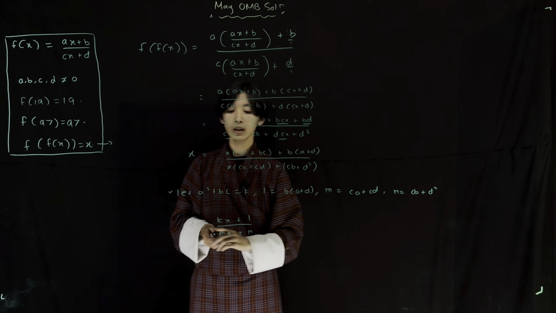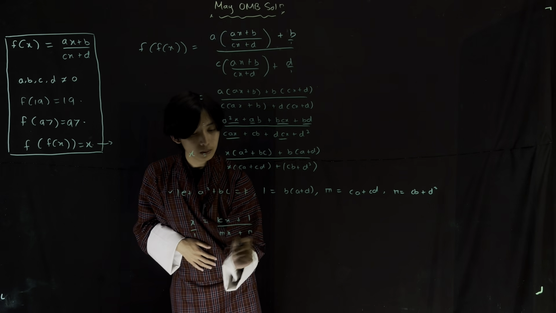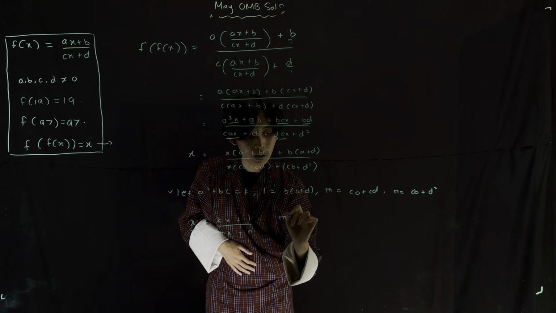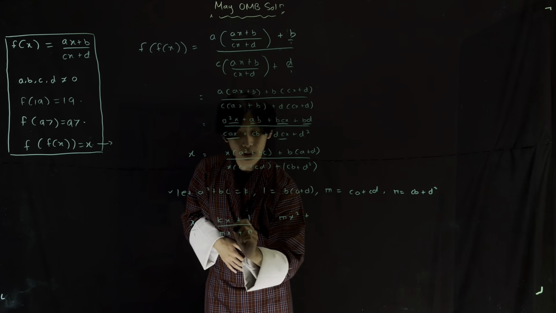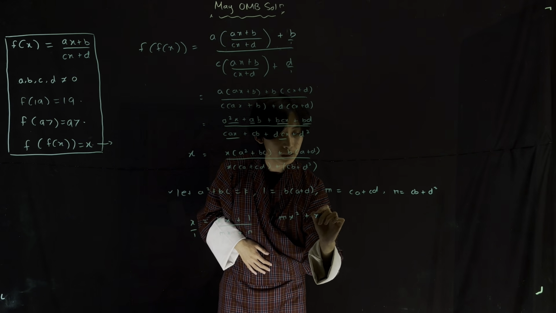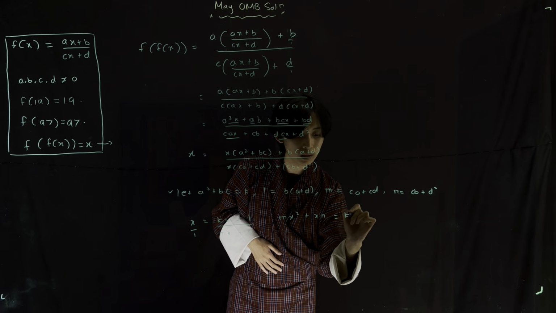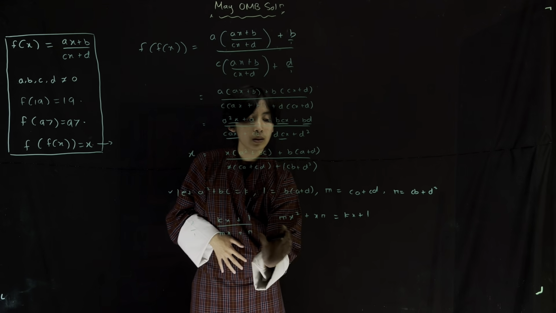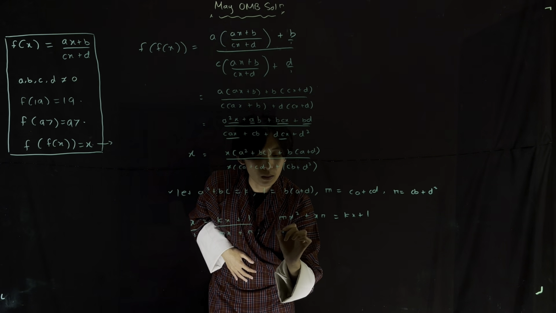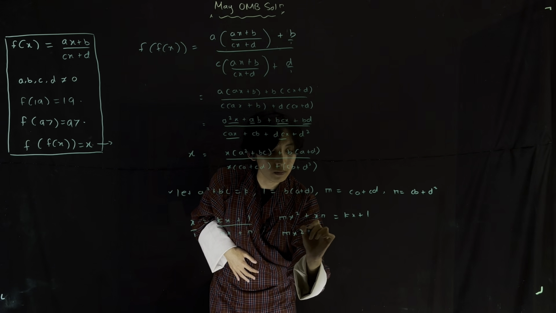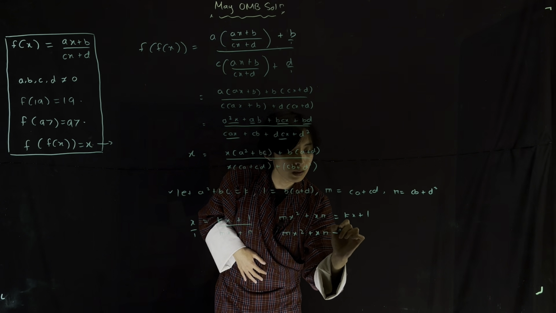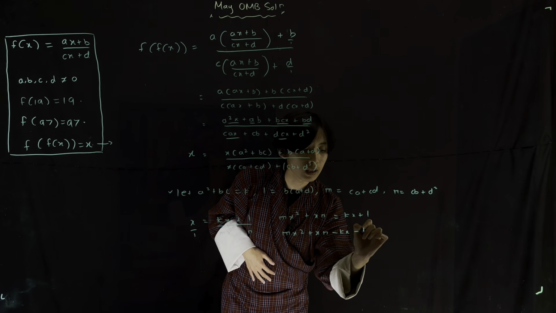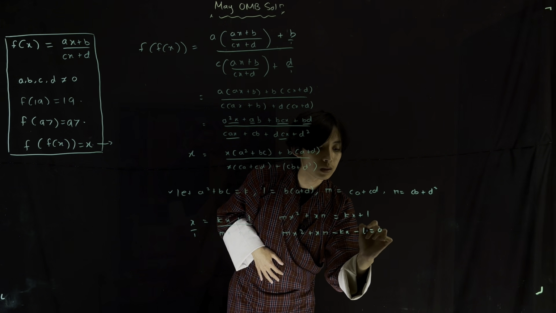Now what we can do is, if we cross multiply, you can see that m x squared plus x times n is equal to kx plus l. Now we can take everything to the left hand side, so that on the right hand side we have 0: mx squared plus n x minus kx minus l is equal to 0.